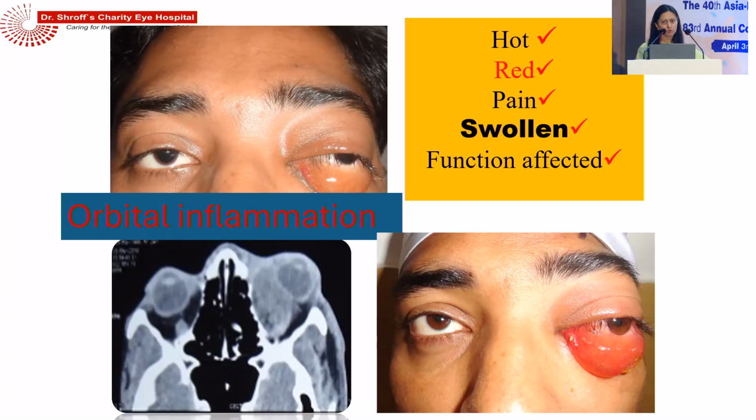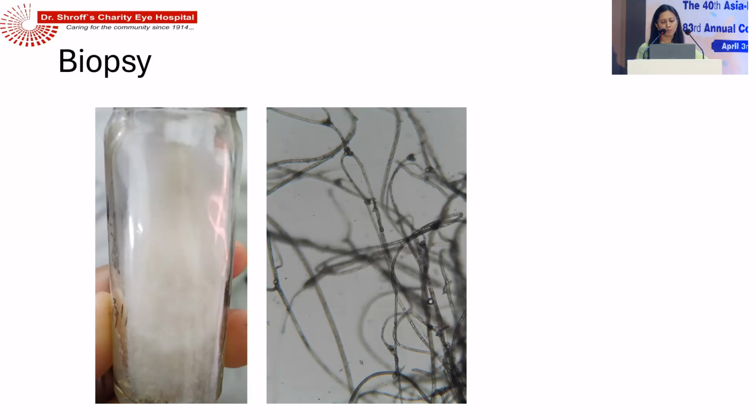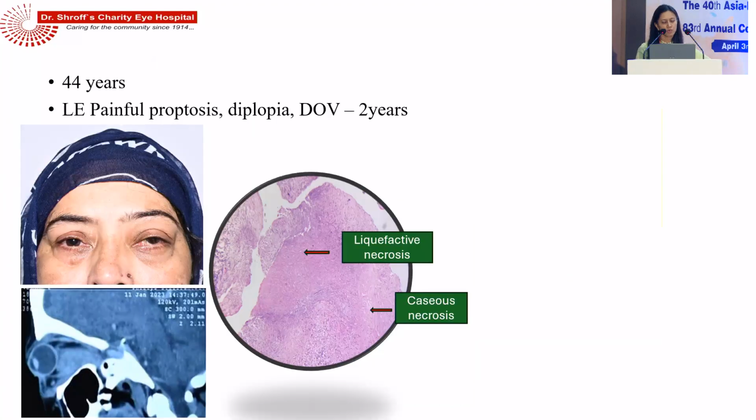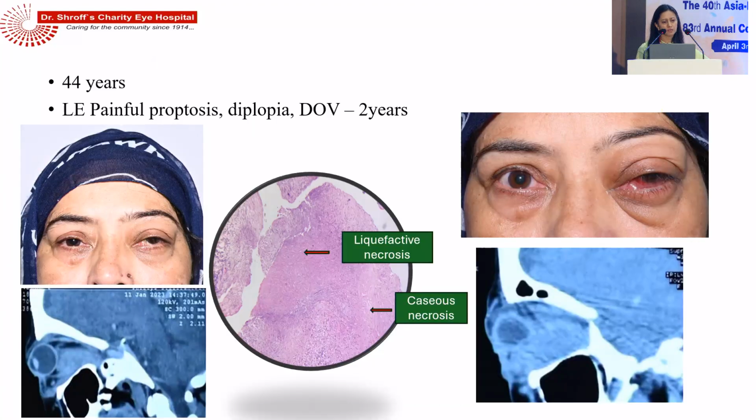He did not respond to the conventional treatment given to him, that is steroid, and eventually when we did the biopsy, we knew the diagnosis. This was a fungal orbital cellulitis which presented as an orbital inflammation. So these are specific inflammations. Again, another lady presented with a painful red eye, proptosis, loss of function, movement restriction, and a mass in the inferior orbit.